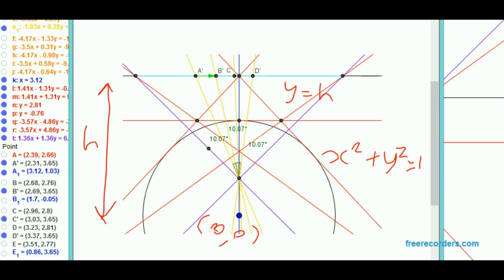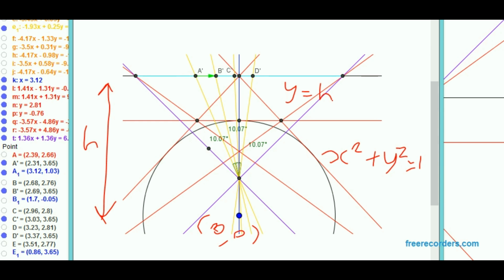Okay, and so then we can ask, where are these two equations true at the same time? In other words, what are the horizontal values x where this circle meets this line?